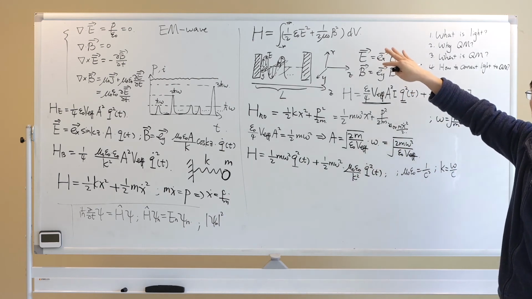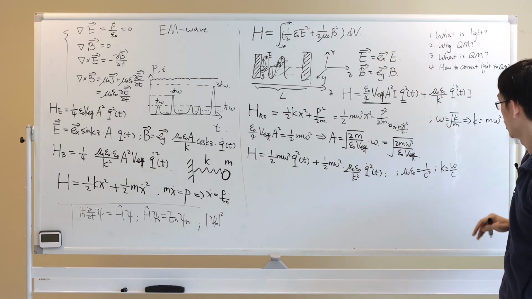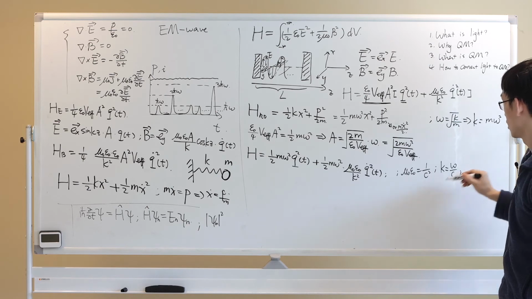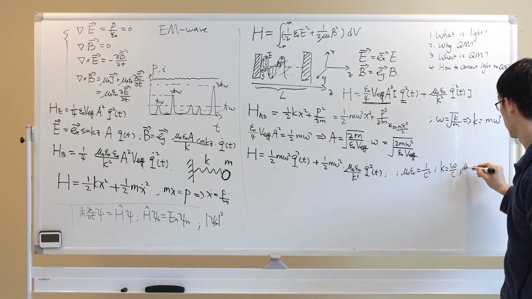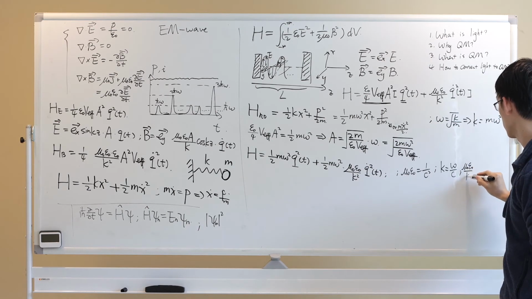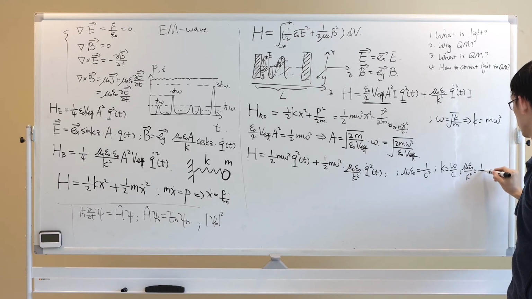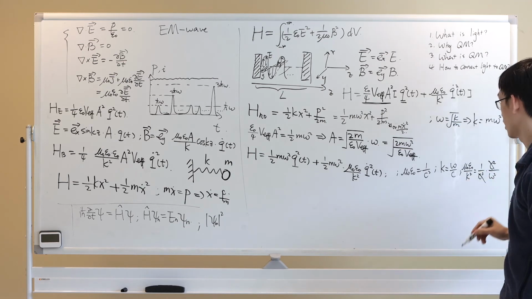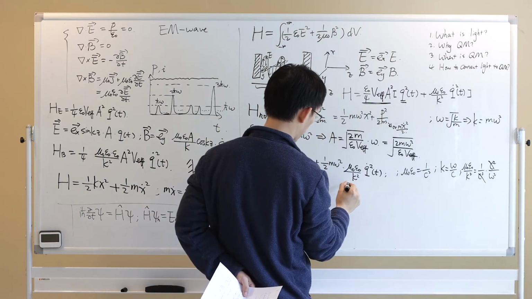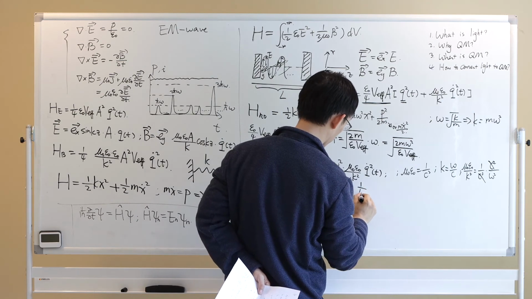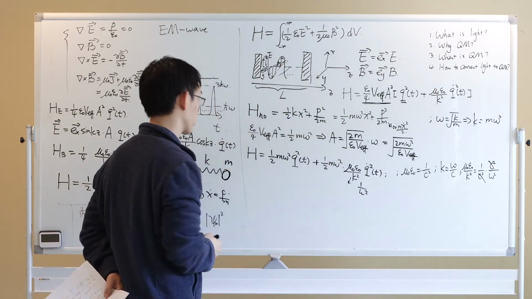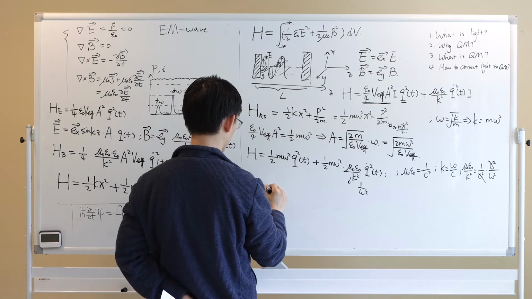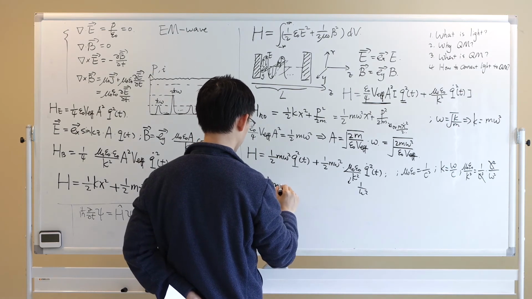If we use the equation for vacuum, we have to keep the k in vacuum. Then this term, mu naught epsilon naught k square, equals 1 over c square times k, which is omega square over c square, so you cancel that out. This term is 1 over omega square. Then this entire thing makes a lot of sense now.